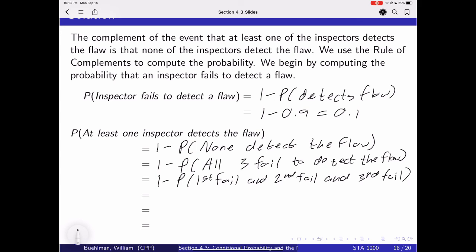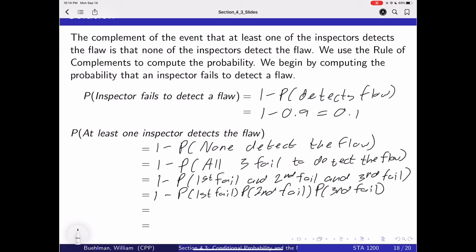Which is equal to 1 minus the probability that the first one fails times the probability that the second one fails times the probability that the third one fails.